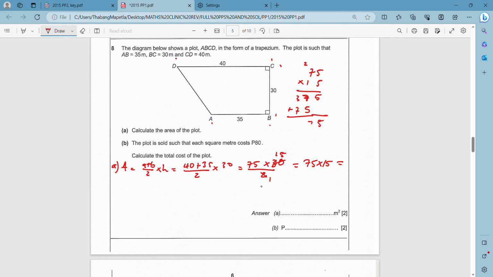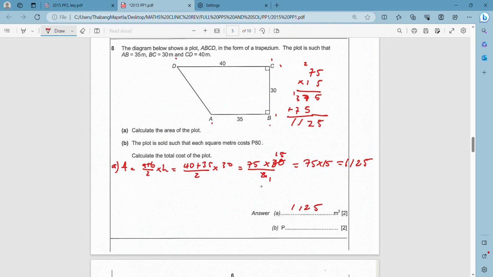So it will be 12. Carry 1, 10, 11. So it's going to be 1,125. Let me check if what we did there is correct. So it's 40 plus 35 over 2 times 30. Yeah, we are good, it's correct.